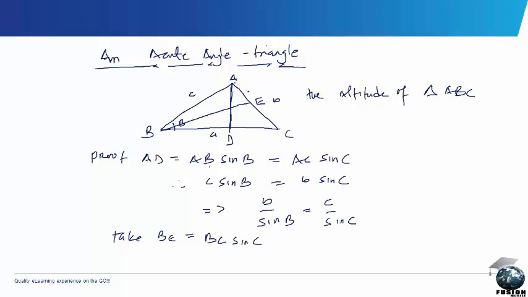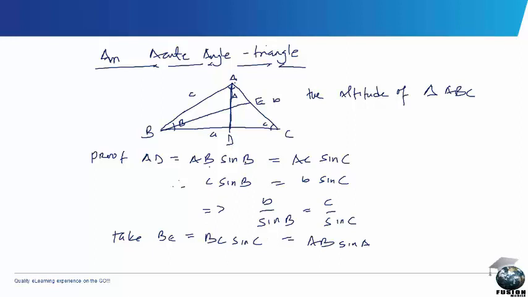The line BE is equal to BC sine C. And this is also equal to AB sine A. The side facing B is small letter b, and the side facing A is small letter a.